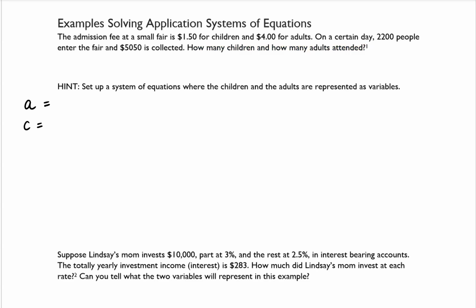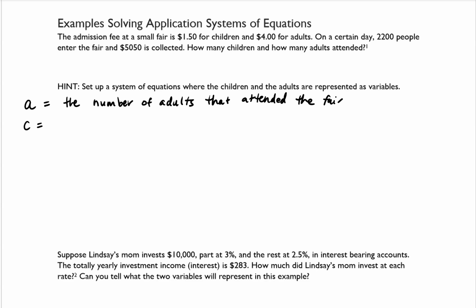So I'm going to define my variable A so that it represents the number of adults that attended the fair. Very specific. There's no ambiguity around what that could possibly mean. It's very specific, and we know what we're talking about.